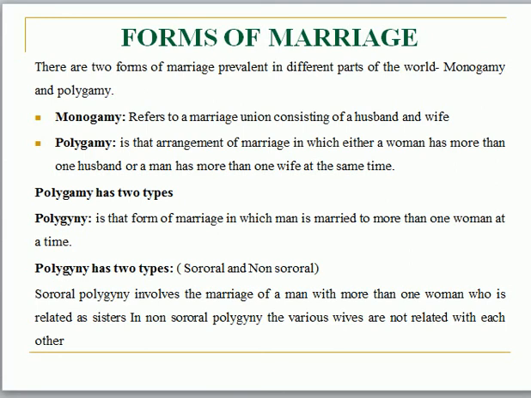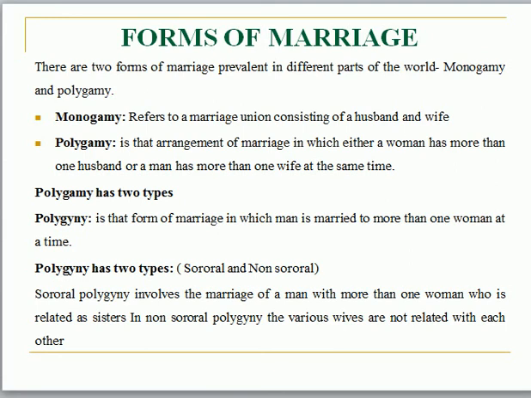Polygamy is an arrangement of marriage in which a woman has more than one husband, or a man has more than one wife at the same time. It means a man has more than one wife at the same time, or a woman has more than one husband at the same time.